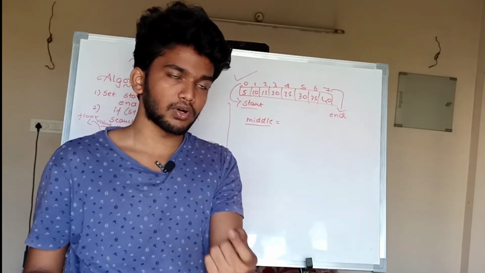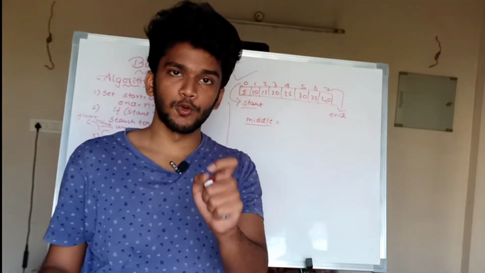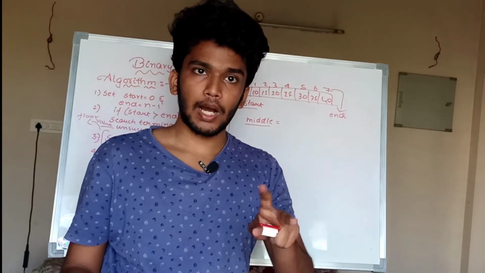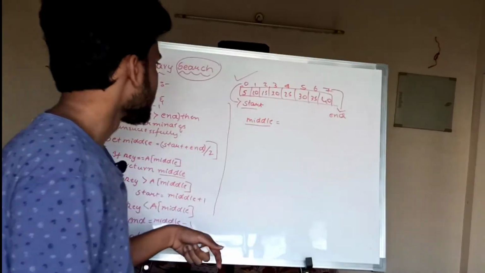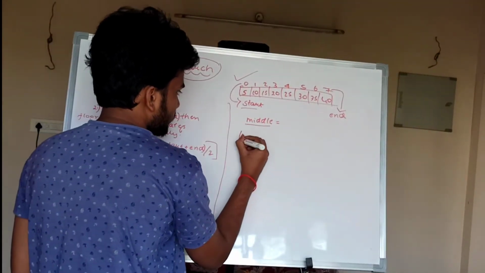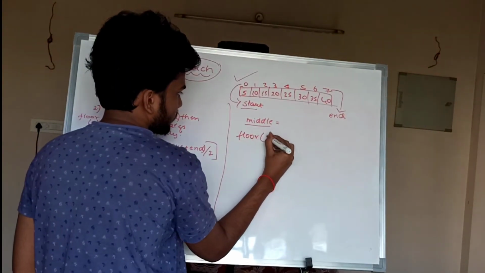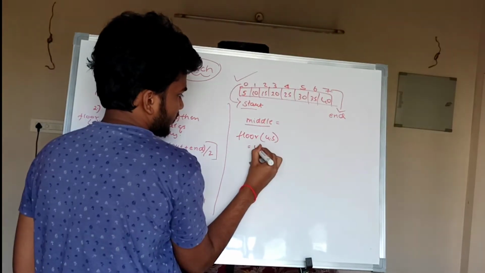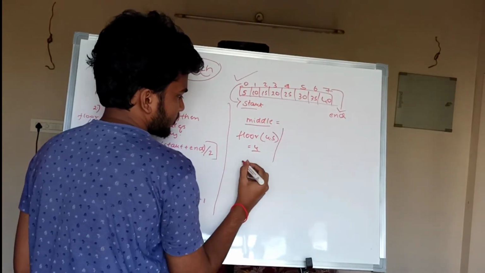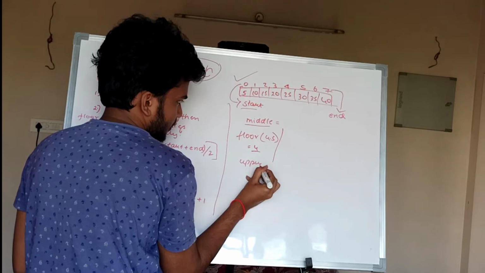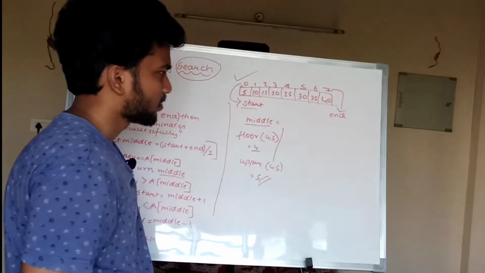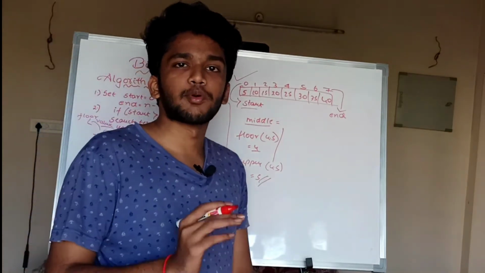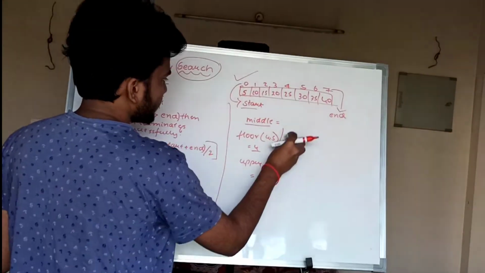But here the small logic is that we apply a floor function, which yields the minimum result. Floor of 4.5 is equivalent to 4, whereas ceiling of 4.5 is equivalent to 5. A lower bound and a higher bound value. Here we will take floor values.